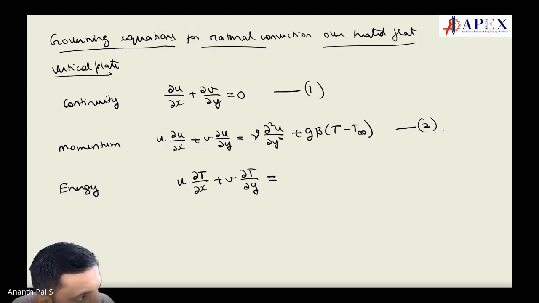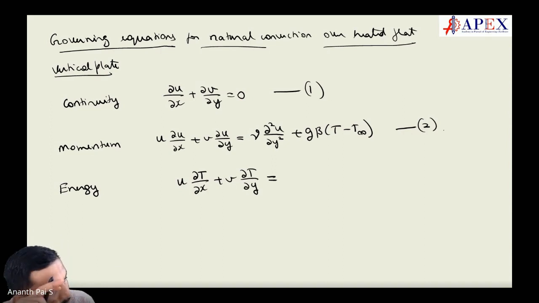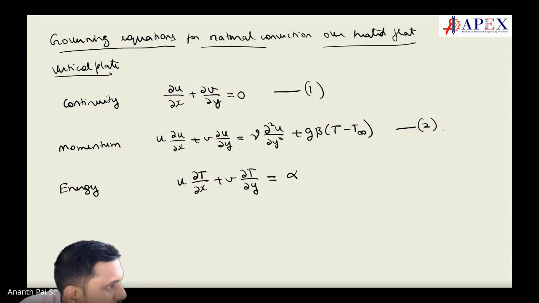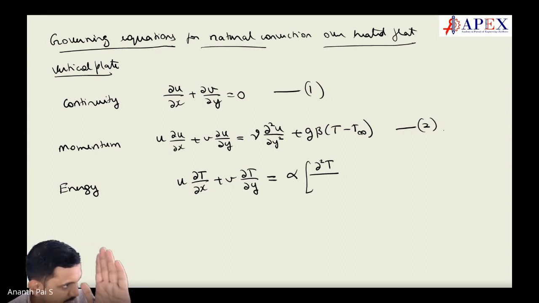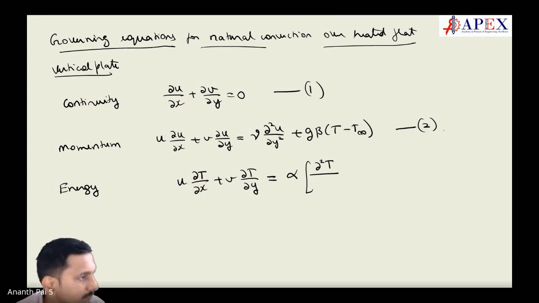1 by alpha? No. If you take the conduction equation, alpha, correct. Alpha into dou square T by dou x square. Now we are taking that along x there is no heat transfer.